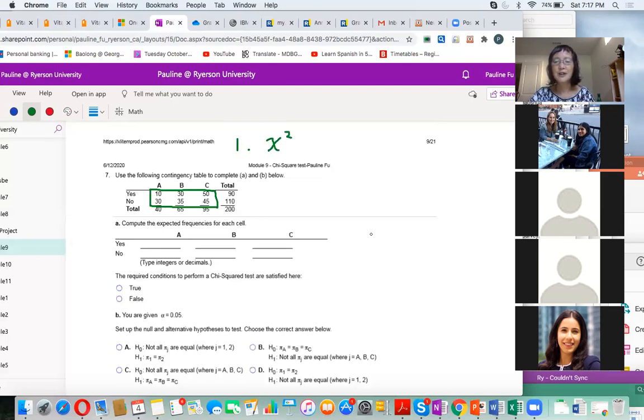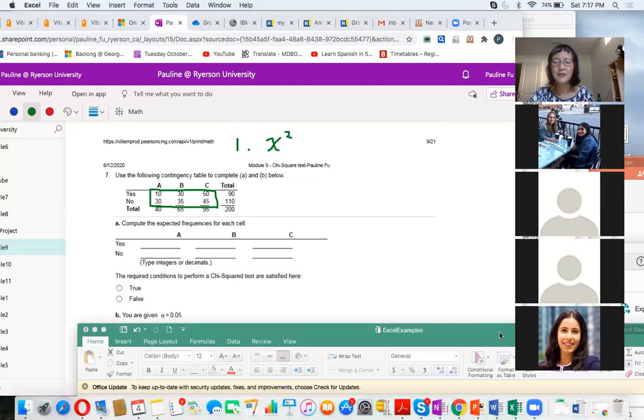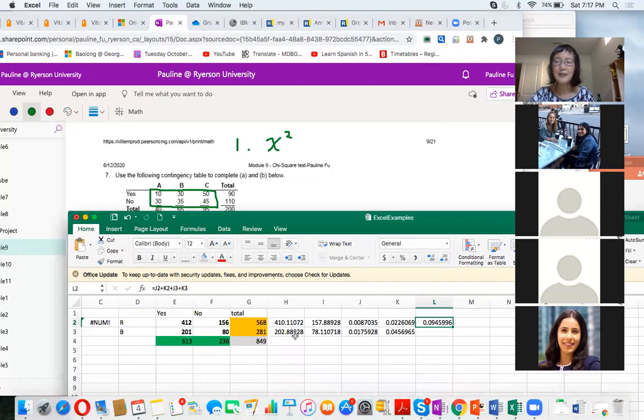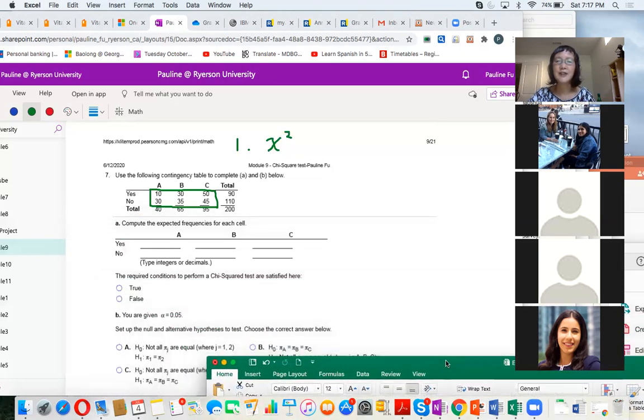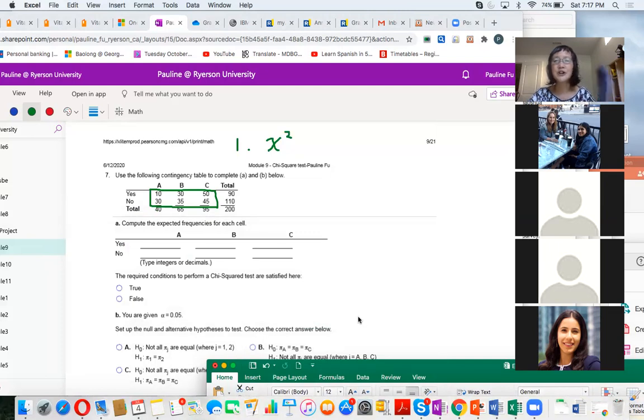To answer that question, of course, you can do it by hand. You calculate the expected value, and then you calculate row total, column total, grand total, and you figure out the chi-square test. But we want to practice the usage of the calculator. So I'm going to show you how to enter 3 proportions into the calculator.